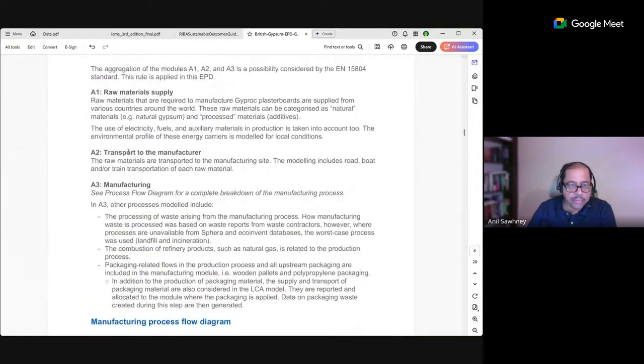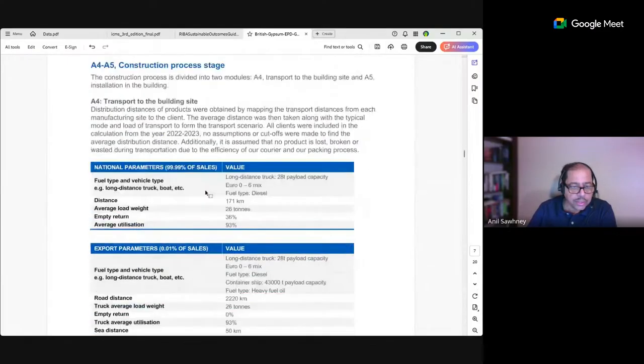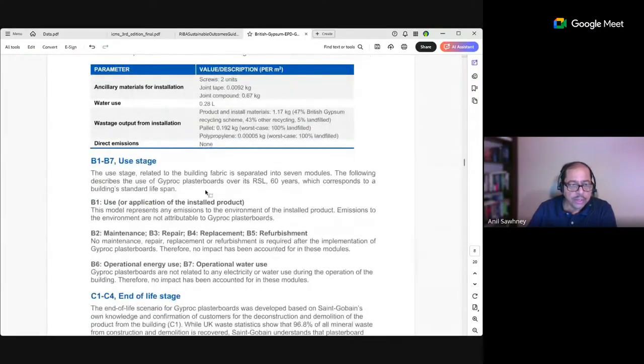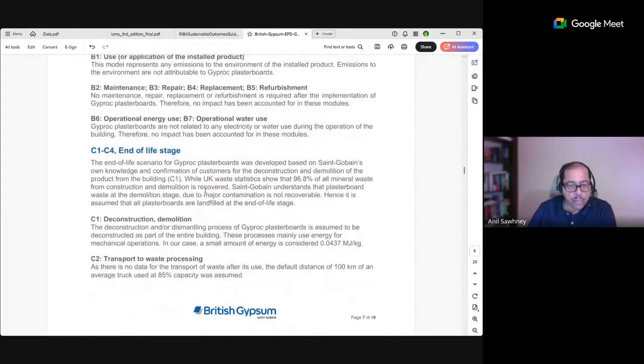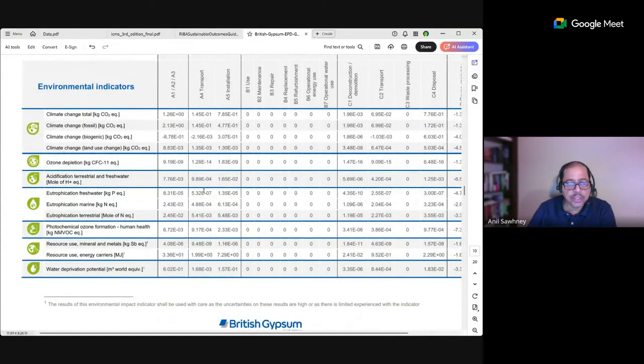And they describe the various stages. They describe the plasterboard manufacturing process, but now we are more interested in environmental indicators. For us, the total is what we are looking for, GWP.